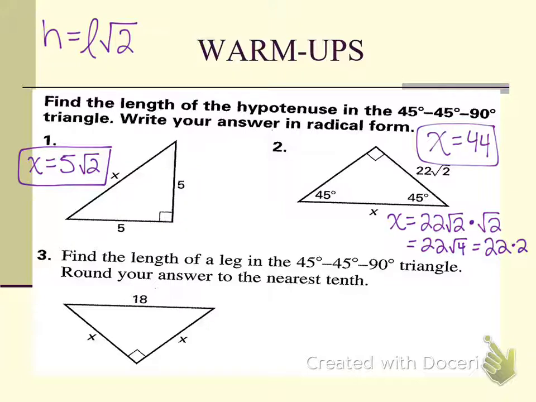All right, number 3, we've also done some like this. Instead of looking for a hypotenuse, now we're looking for a leg. I do not want rounded answers, so I'm going to cross that part off. We will leave these as simplified radicals.